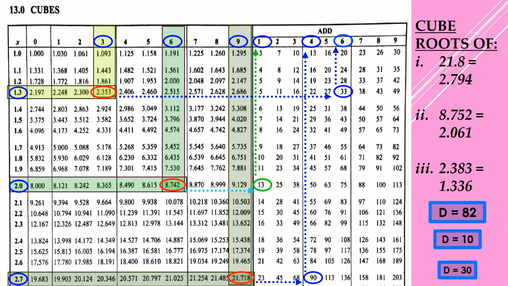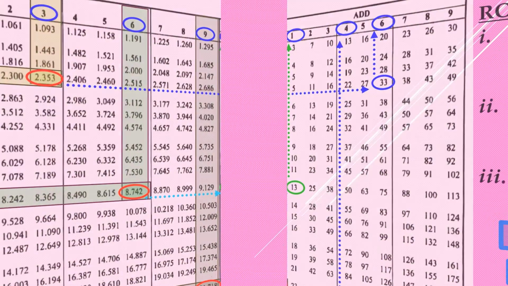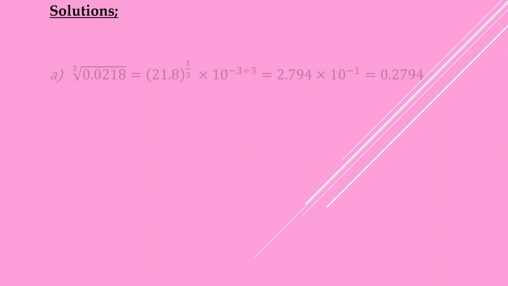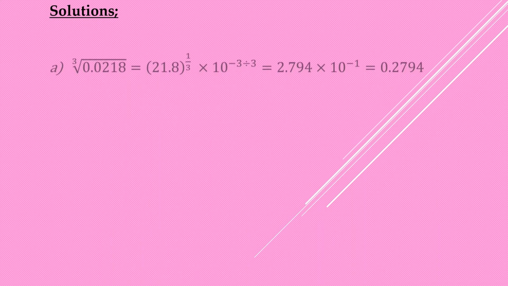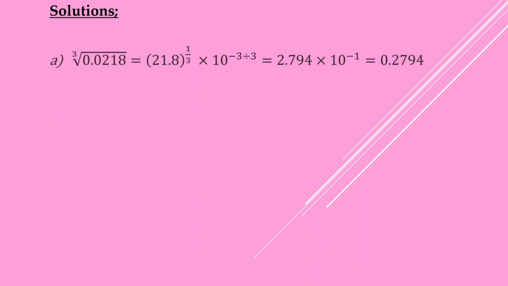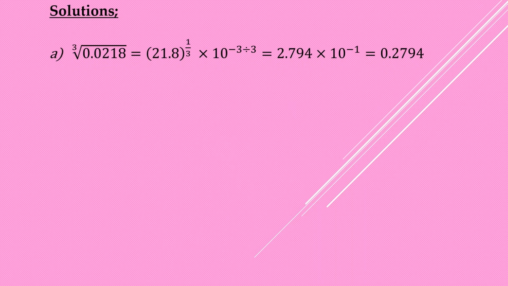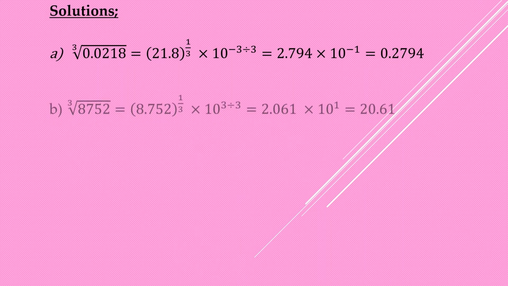And already I've done some demonstration. I've used the mathematical table itself. I've demonstrated using circles. I've also demonstrated using rectangular boxes, and by doing so, I hope you have understood.